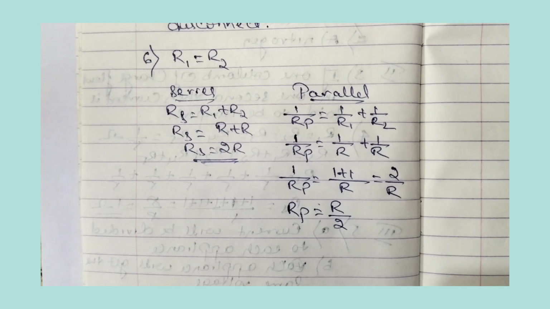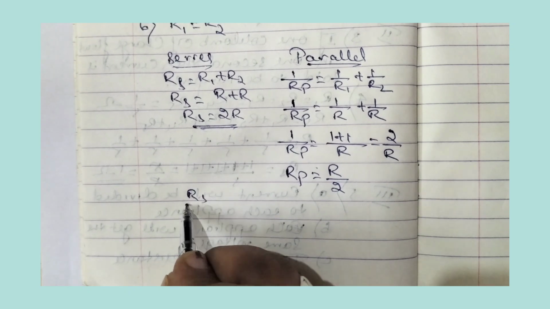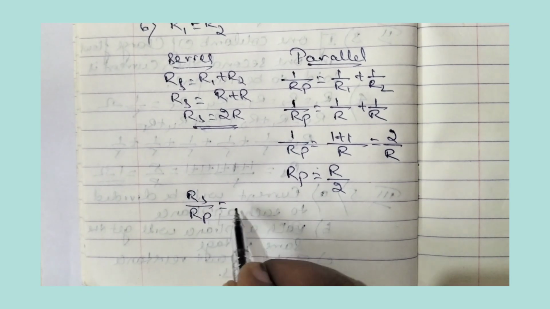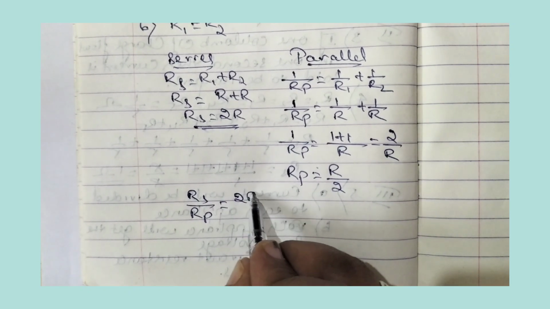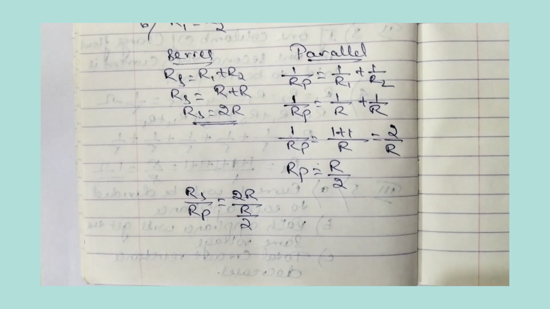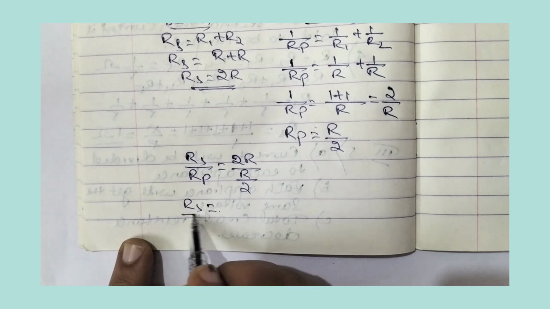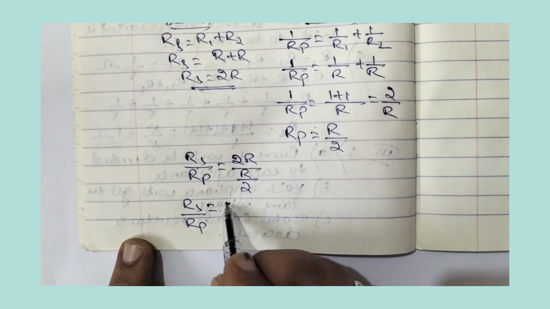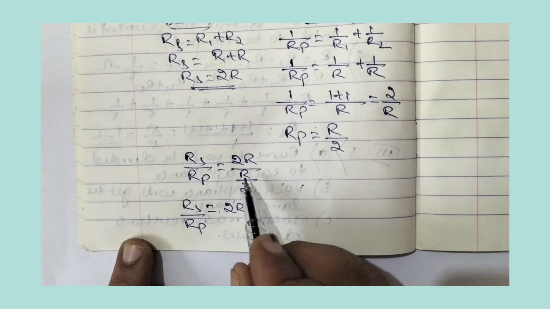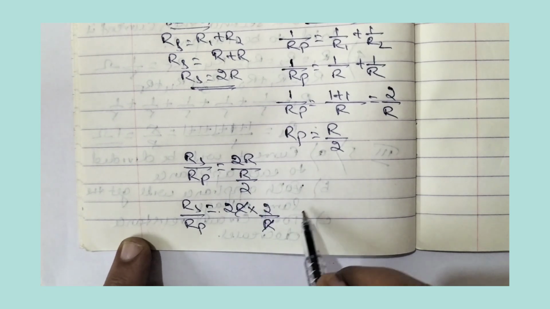Now find the ratio of equivalent resistance in the two cases. So let us take RS by RP. RS by RP is equal to, RS is 2R and RP is R by 2. So RS by RP is equal to 2R into the reciprocal of R by 2, which is 2 by R. R cancels.